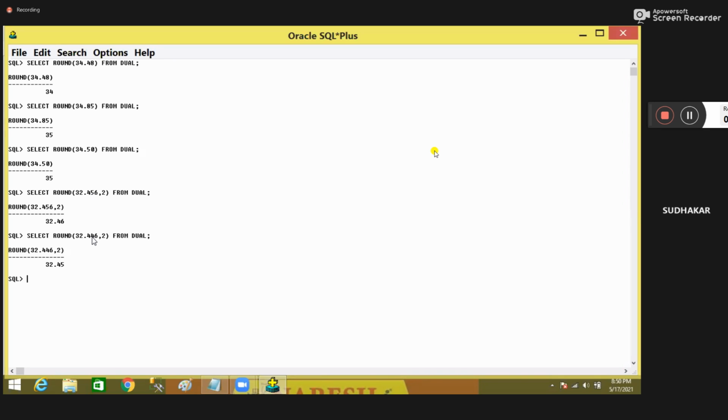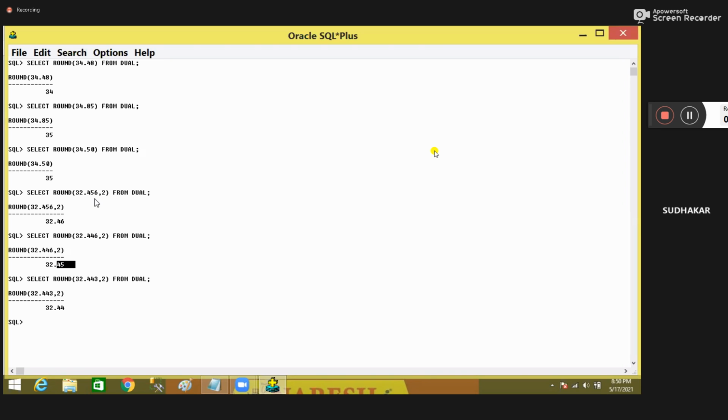Okay, now we can see it was 44. Why is it showing 44? After 2 decimal places, 3 was there. 3 is less than 0.5, that's why it is not added anything. So 44 is displayed. But here it is greater than 0.5, because here 6 and here also 6. That's why 45 plus 1, 46; 44 plus 1, 45.